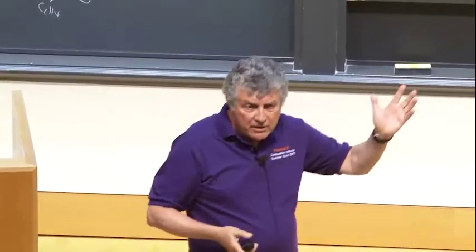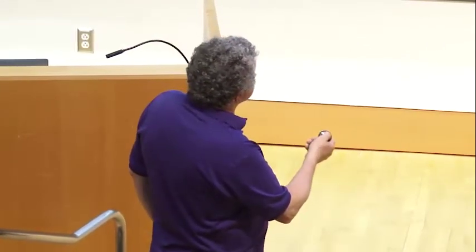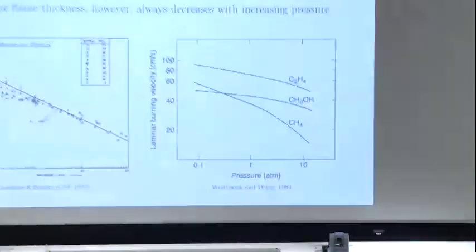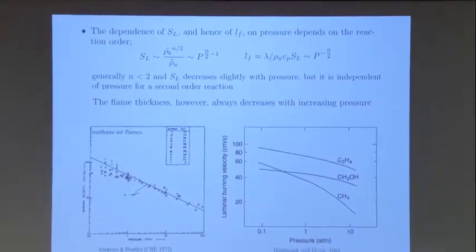This is very rough hand waving, but basically the numbers are usually less than 2, which indicates that in most cases what you will see is the dependence of speed on pressure is a decreasing function. And as you will see here for numerous fuels, methane and some others.